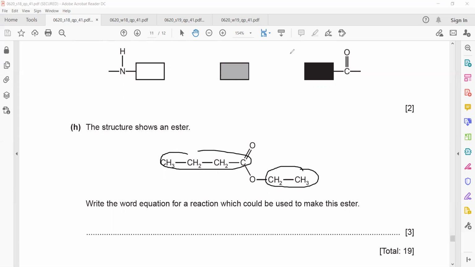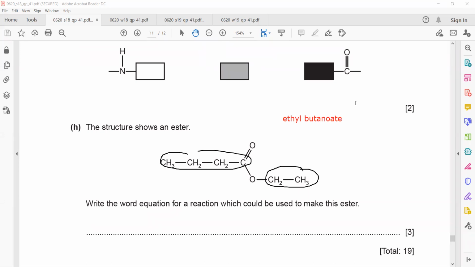So if it is ethyl butanoate, what could be the word equation? I need alcohol, ethanol, and I need butanoic acid. So what will be the word equation for formation of this ester? Ethanol plus butanoic acid gives ethyl butanoate plus water.